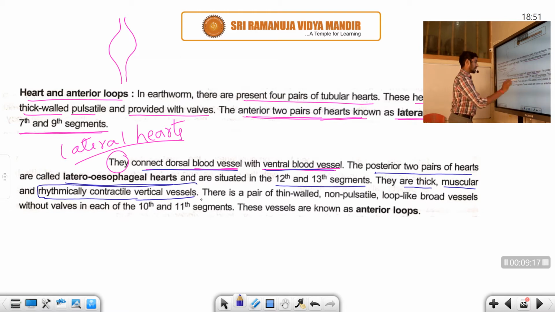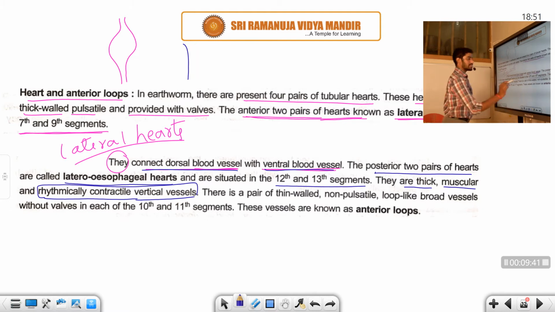So in the 12th and 13th segments, the lateroesopharyngeal heart is what we call the rhythmically contractile vertical vessels. Why vertical? It is situated in the vertical position, not horizontal, vertical only.